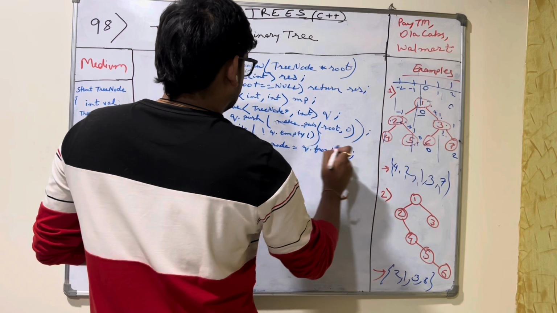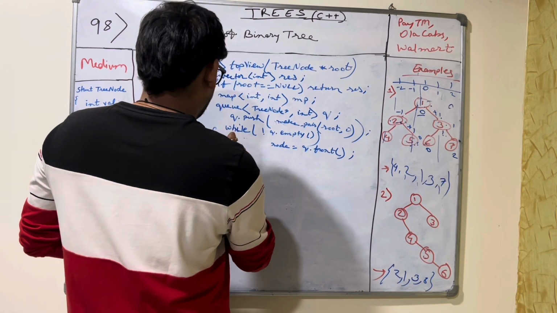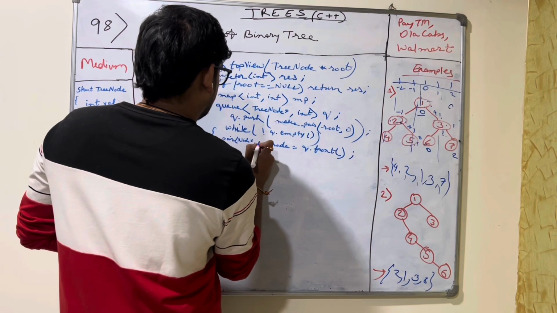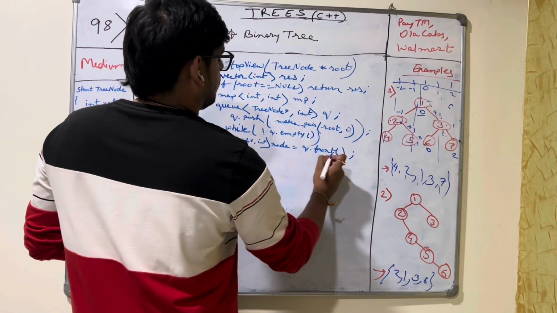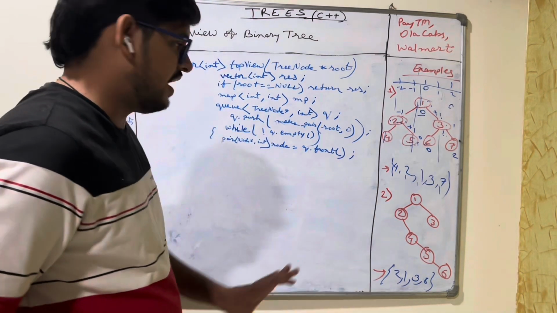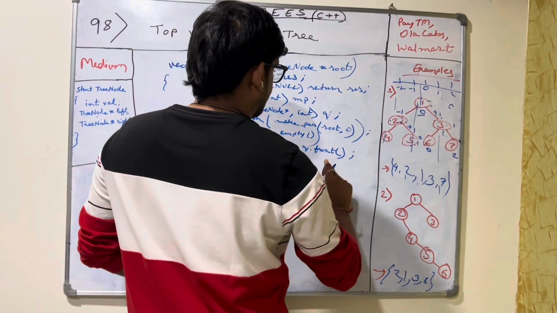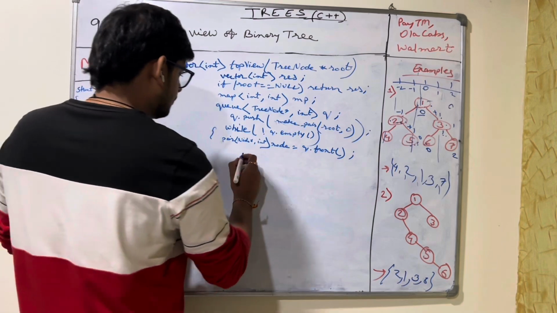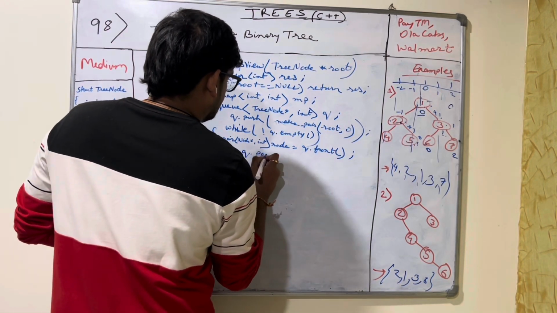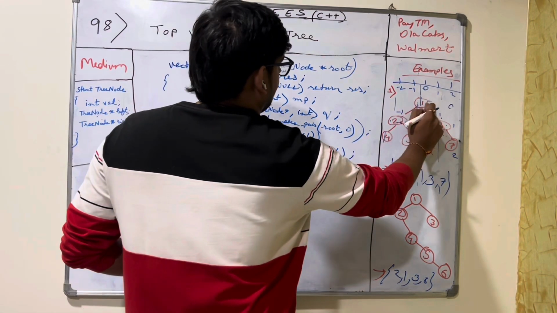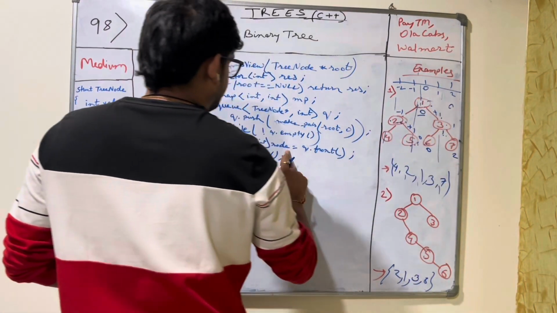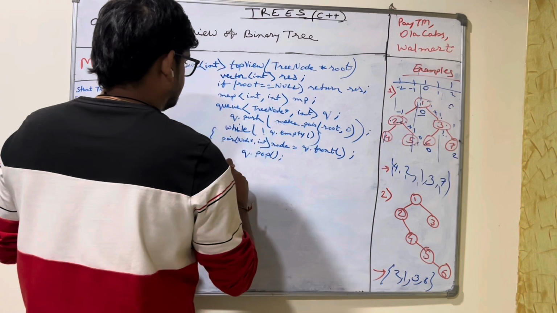So let's take pair of node and int node, q dot front. We have this node here now, which has both the root and the 0. Now we'll pop the element because we have visited this. We don't need this in the queue, so we'll pop it out and we have the node here.